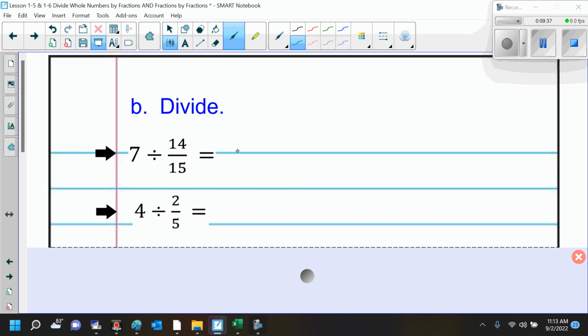So here, we've got 7 over 1, multiply, so the division becomes multiplication, and the 14/15 becomes 15/14.